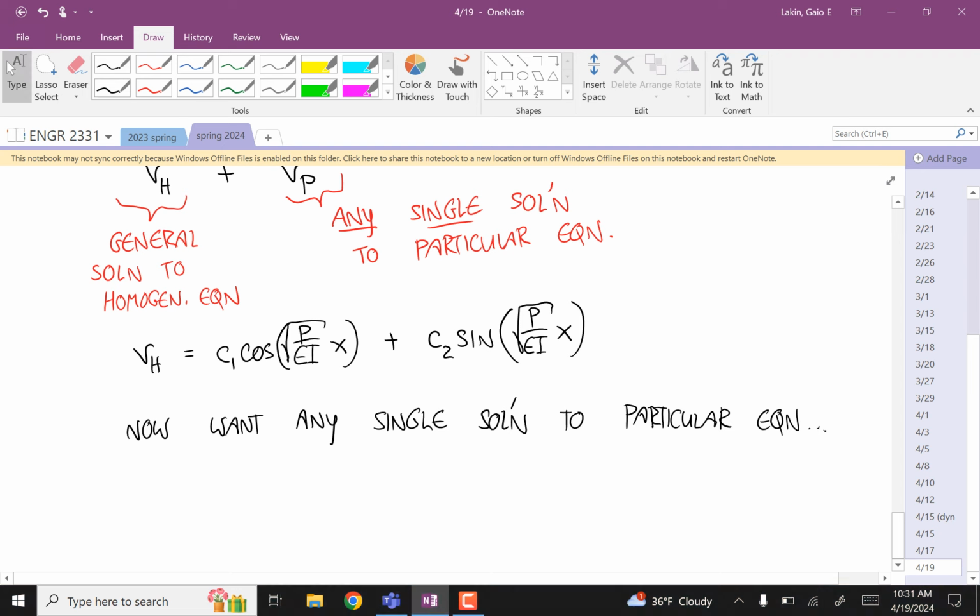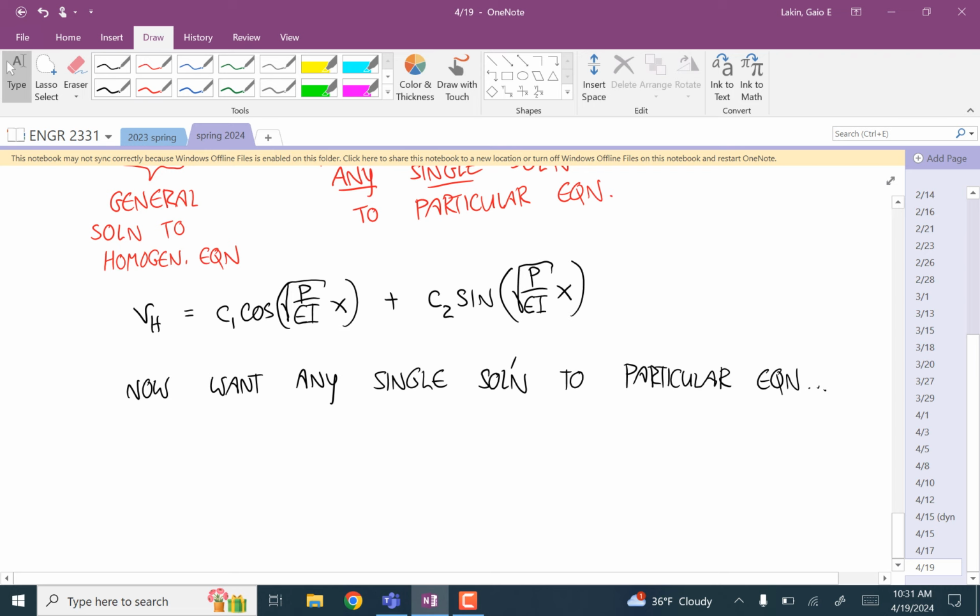Okay, so what can we use? Well, notice if VP is a constant, then VP double prime is 0, okay?